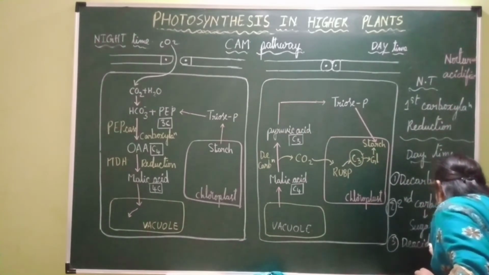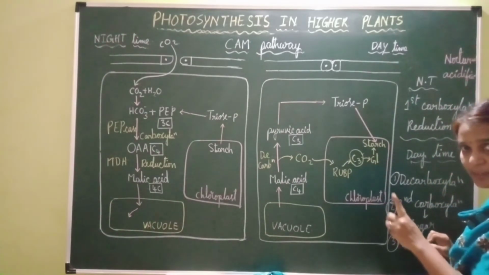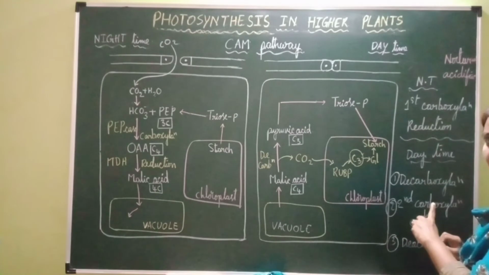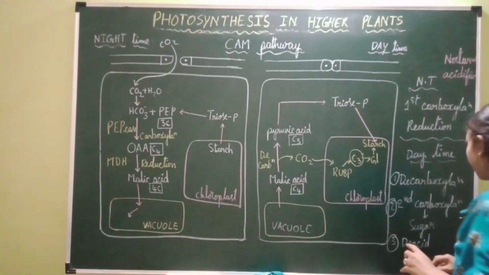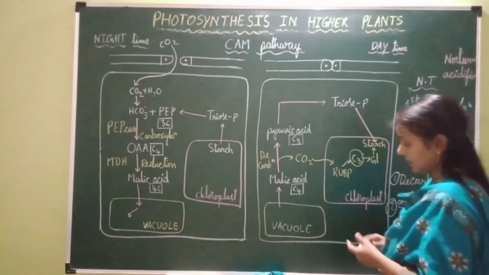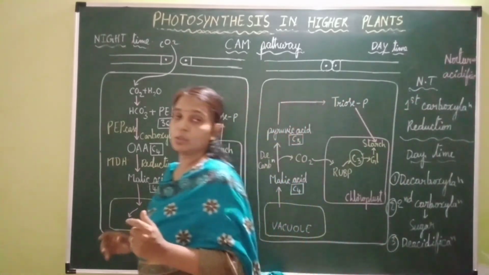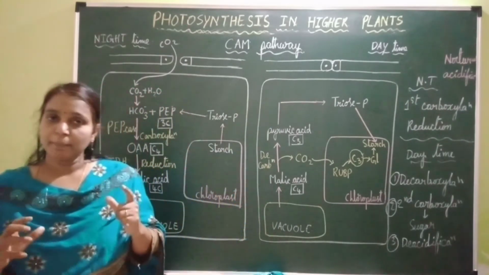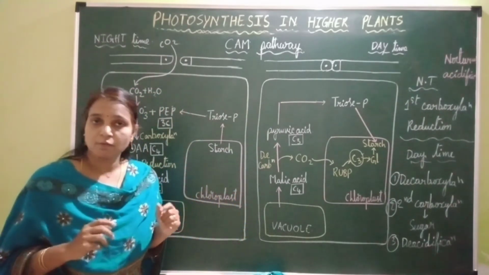Actually, formation of acids is taking place during night time, and during daytime breakdown of acid is taking place. So that is de-acidification. This CAM pathway is also similar to the C4 pathway, which occurs in C4 plants.